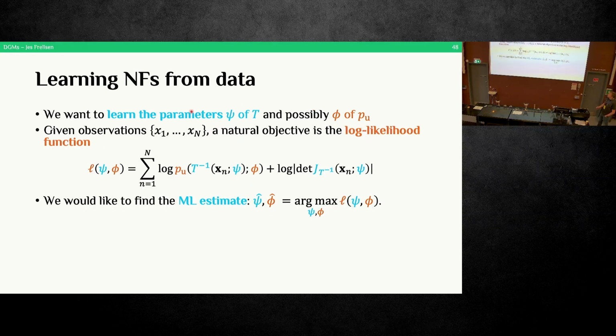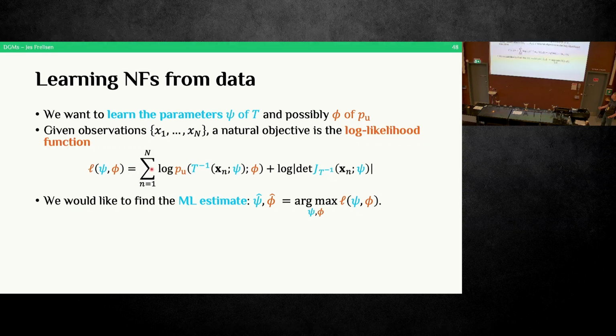So given some observations, a natural objective is the log likelihood function. And the log likelihood function is just the sum of the log probability of our data points. And for the flow, we would write log p of x, and then we just plug in the transformation we already looked at.